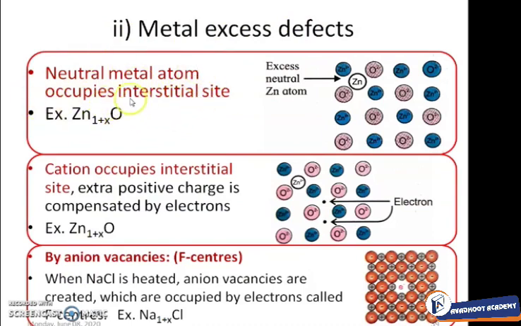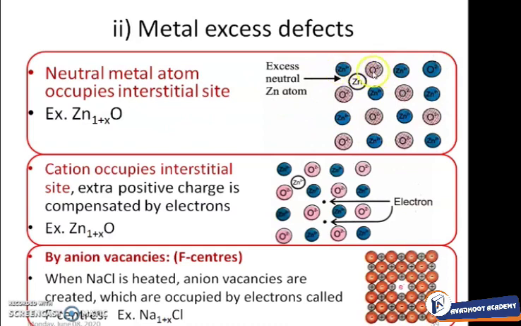One way, the first example, is zinc oxide. In zinc oxide there is a metal excess defect. Sometimes an extra neutral metal atom occupies an interstitial site. Consider this first diagram.